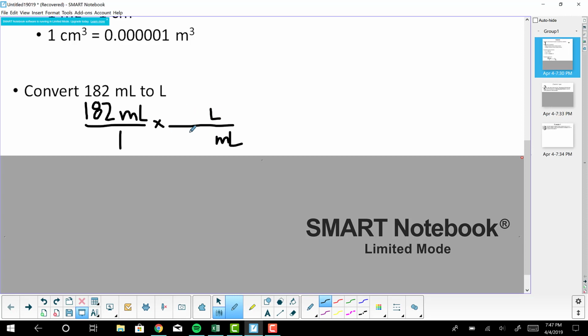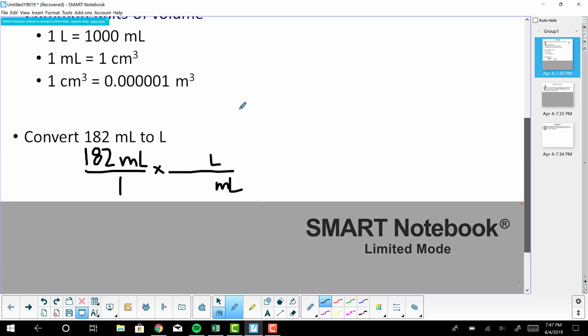And then I fill in this information with the numbers from before. All right, so I can see that there is 1 liter, and that's equal to 1,000 milliliters. So I put a 1 by the liters and 1,000 by the milliliters. So now I'm ready to cancel out my units. Milliliters cancels out with milliliters. And what I'm left with is 0.182 liters.